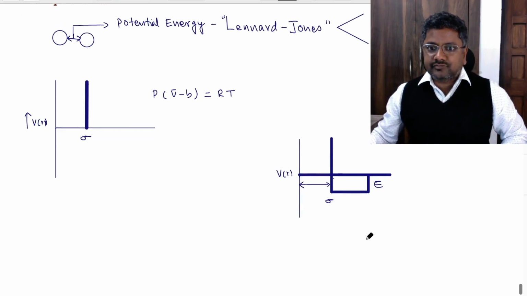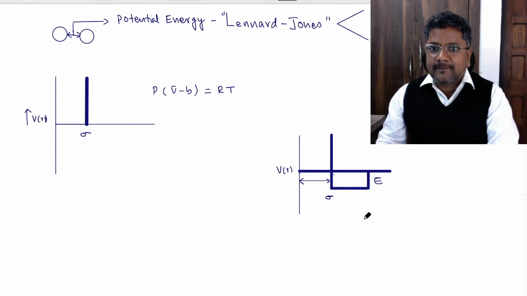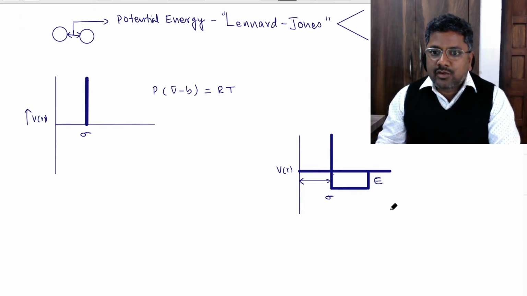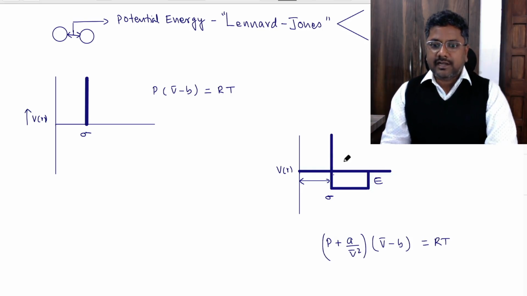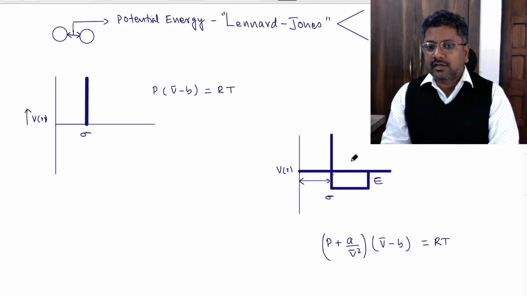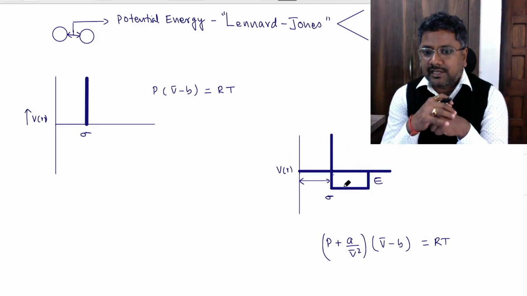So in this situation both attractive and repulsive forces are there. The equation of state is like this: P plus A by V bar square, times V minus B, is equal to RT. When both attractive and repulsive forces are there, your potential energy variation is like this.